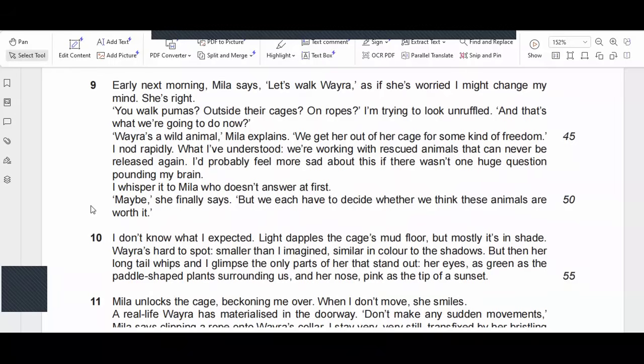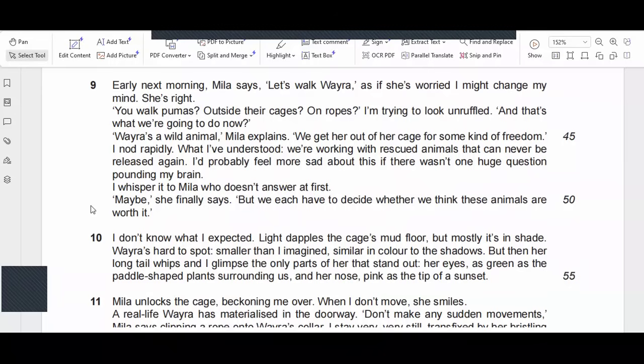Paragraph number 9: Early next morning, Mila says, let's walk Vaira, as if she worried I might change my mind. She's right. You walk pumas outside the cages or ropes. I'm trying to look unfazed, and that's what we are going to do now. Vaira is a wild animal, Mila explains. We get her out of her cage for some kind of freedom. I nod rapidly.